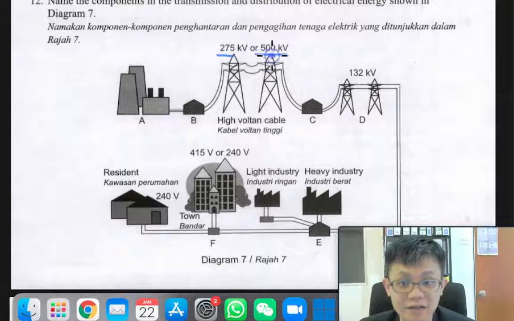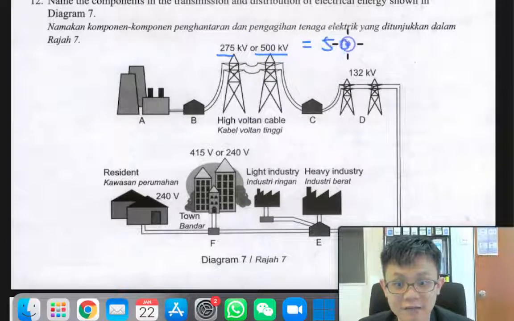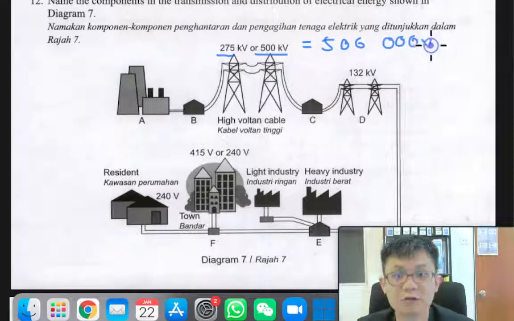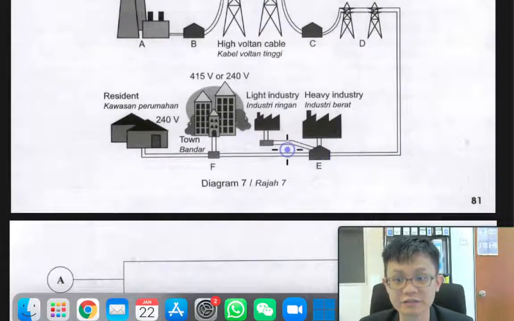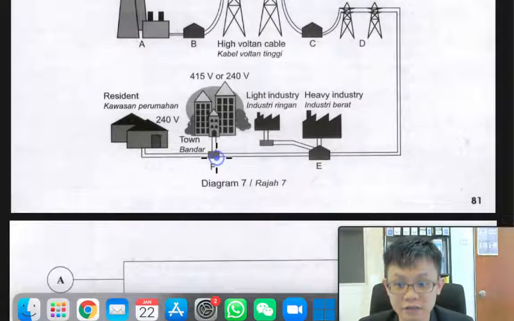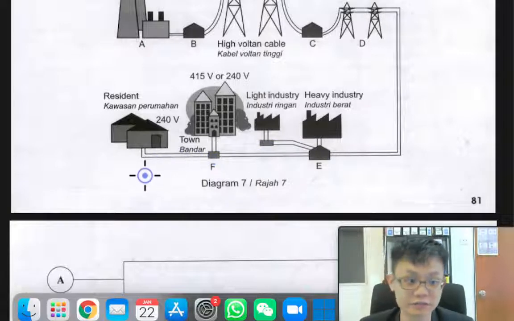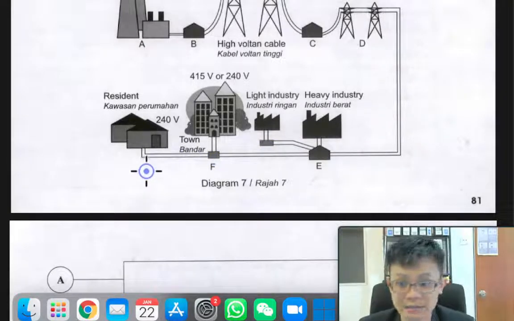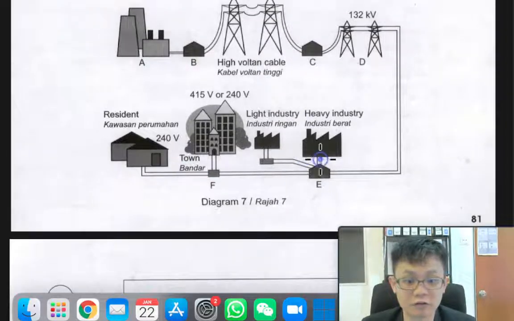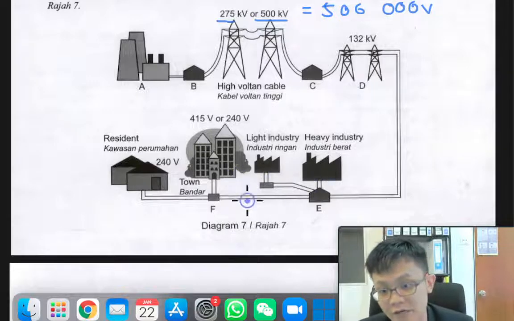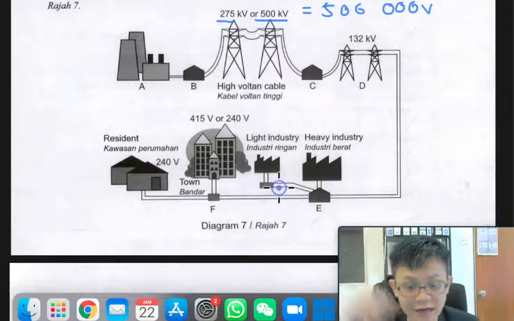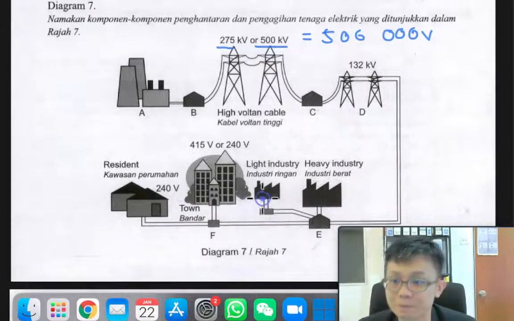So 500 kilo is actually 500 with three more zeros, 500,000. Then it will go down to 132, go to industrial, light industrial, then go to the town, then only to your house, which actually consumes less electricity. If you compare to a factory, of course a factory uses a lot more electricity than a house. They use it for cars, for welding, and so on.